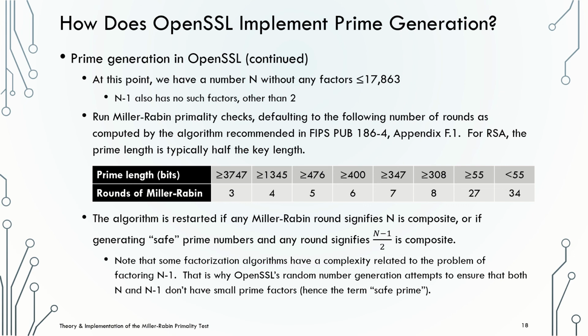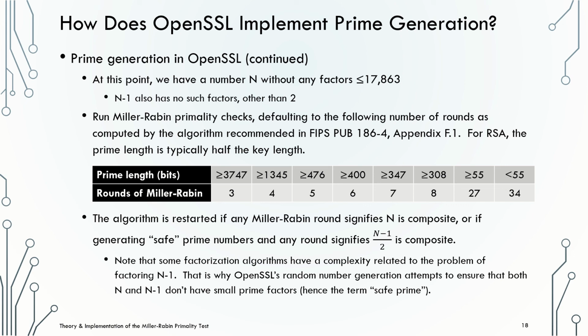And again, as you remember from before, as we generate bigger and bigger n, the probability that we have a lot of strong liars for an odd composite n goes down. And because of that, the bigger the prime number we request, the fewer rounds of Miller-Rabin we have to run, which is, again, great news.